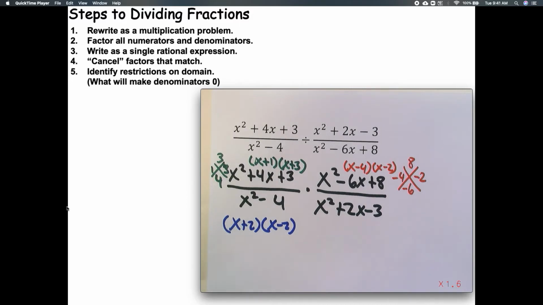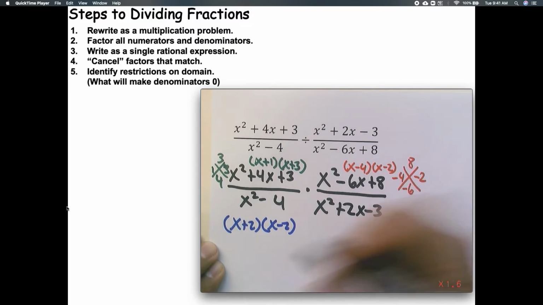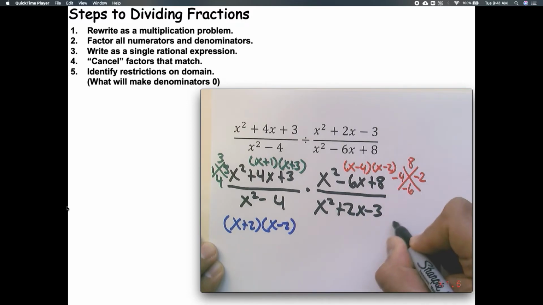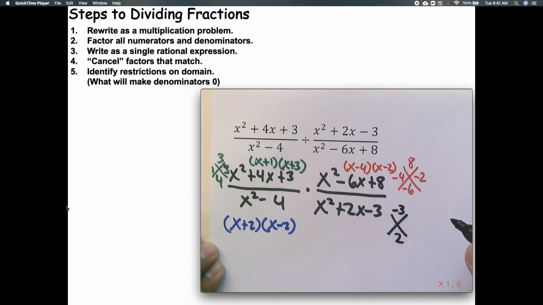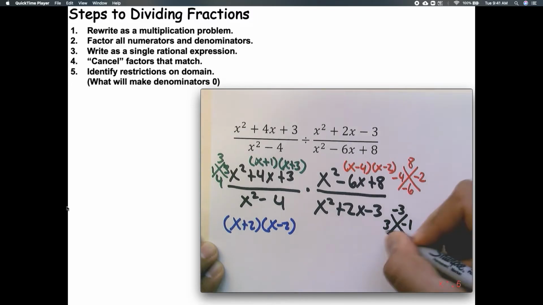Keep in mind, if I'm going kind of fast, feel free to rewind, pause, stop, replay it, or ask me questions. You can always do that during my office hours. And this last one's another trinomial, so I have a negative 3 and a 2. So 3 and 1, and the sum should be a positive 2, so the 1 is negative.